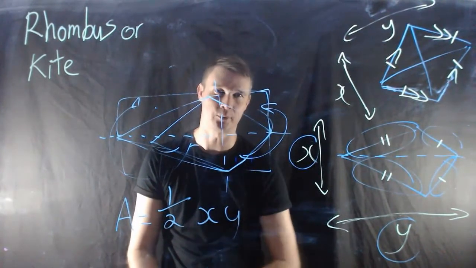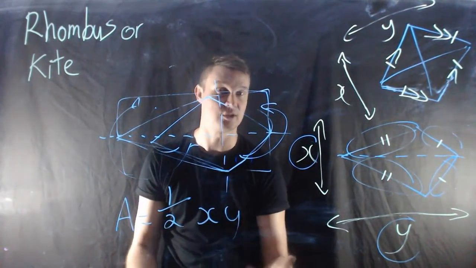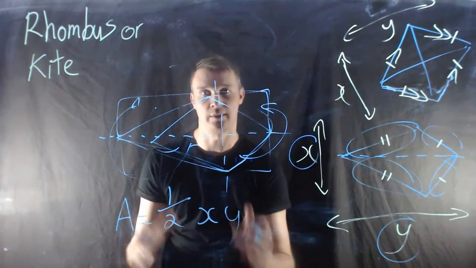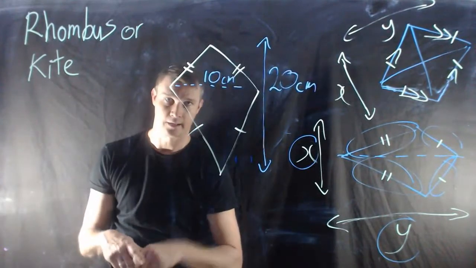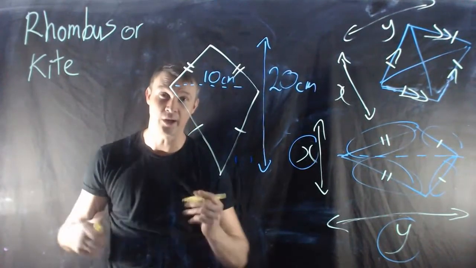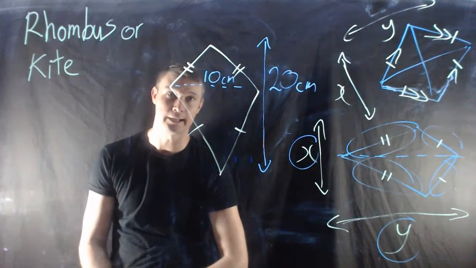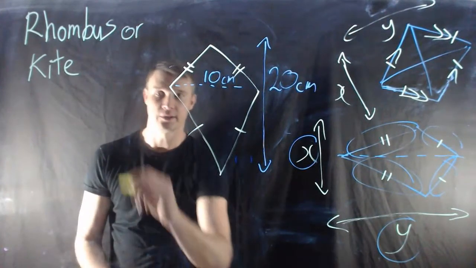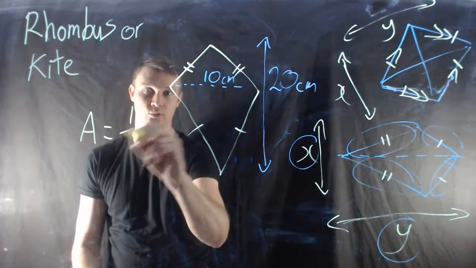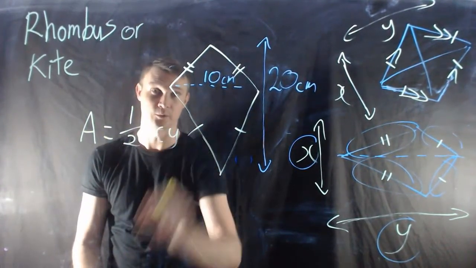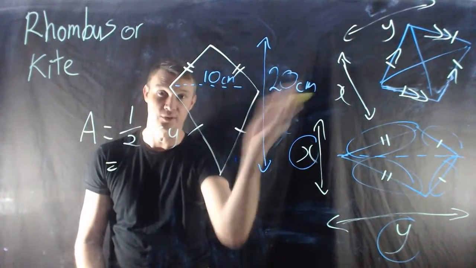So we're going to do a quick example here so I can show you how we work that out using some actual data, and then we'll show you how we can set that out in our workbooks. Okay, so here we have an example of a kite, and we have our X and Y values. So now we can start to write in the formula. The area of a kite equals half of X times Y. Now we can substitute these values in.